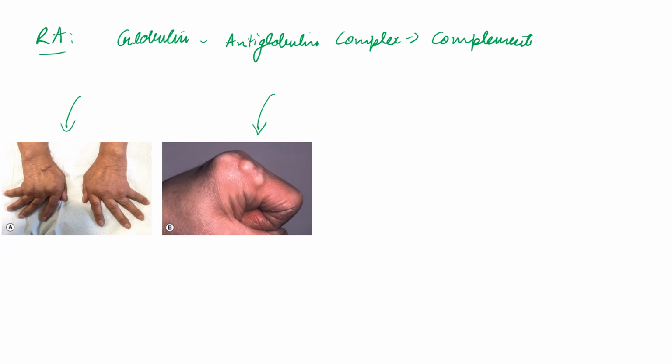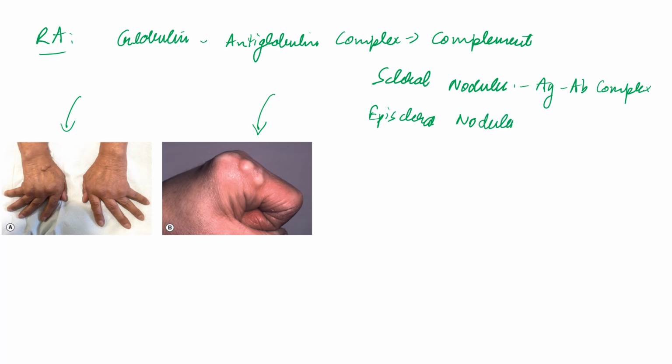In the eyes, there can be scleral nodules, which are granulomatous response to focal deposits of antigen antibody complexes. There can be episcleral rheumatoid nodules, which can be waxing and waning. There can be necrotizing nodular scleritis.